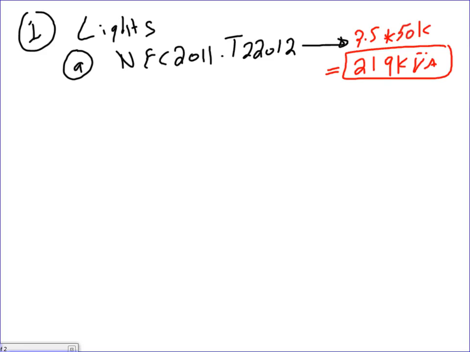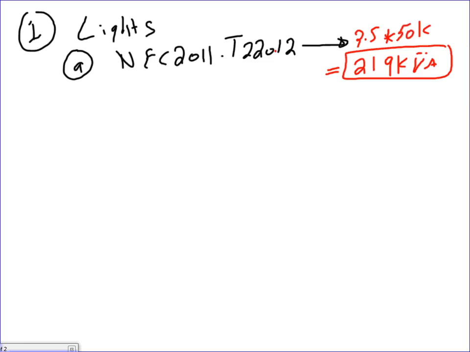Mr. Rabab, where's the B? 3.5, office building. See that line that says office building? You take it times the square foot of the building to get the 219. Oh, we didn't multiply it by 1.25.